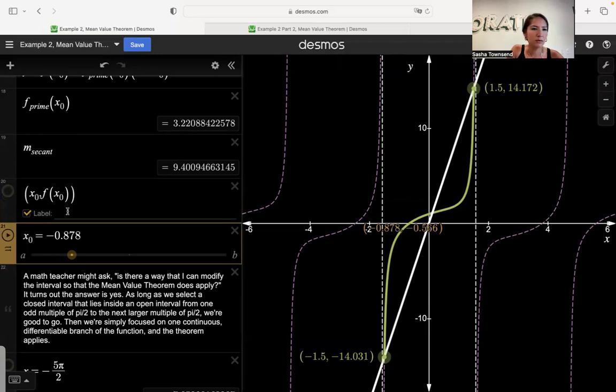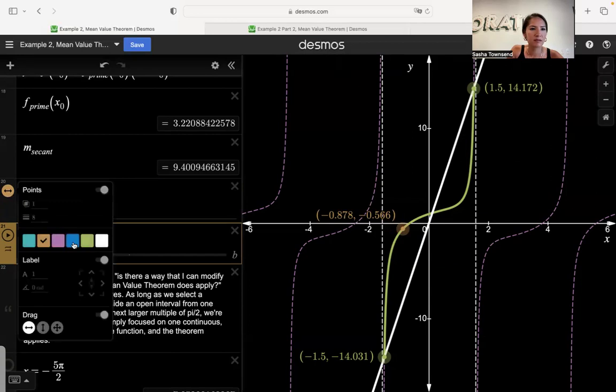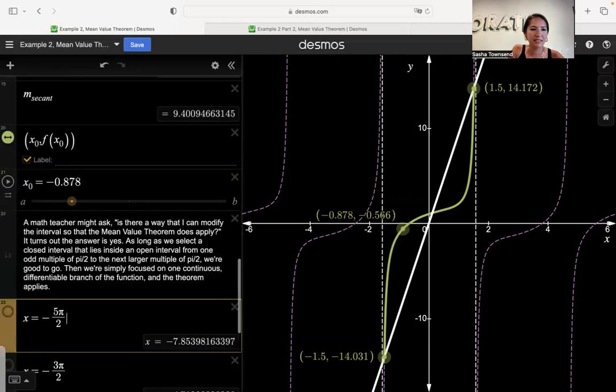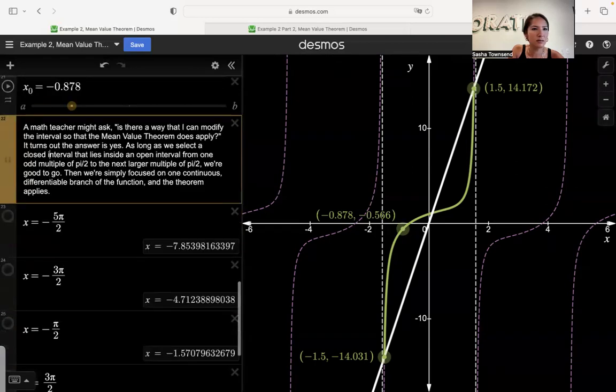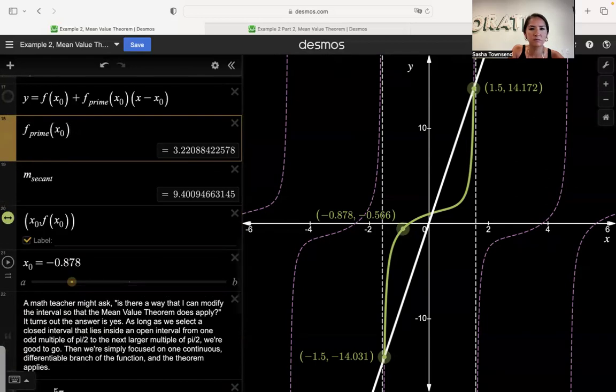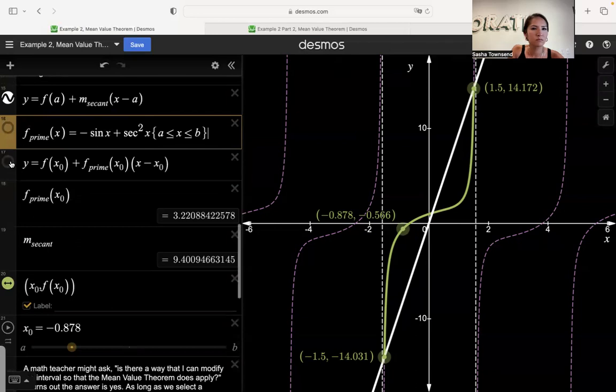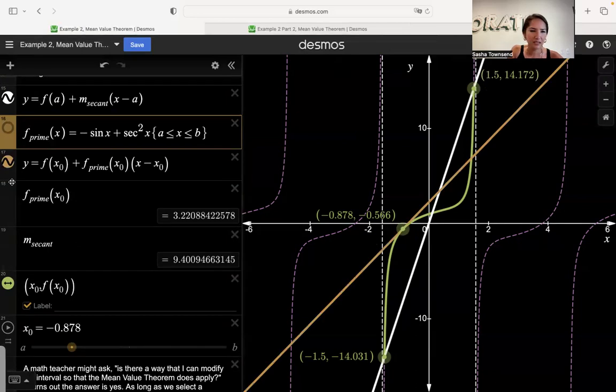So if we want to, we can plot a point on the graph, and sketch the tangent line there, and try to find the x values that cause that tangent line to be parallel to this white secant line.